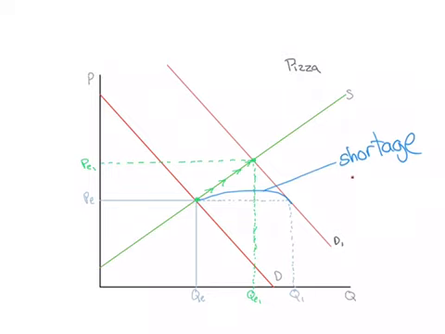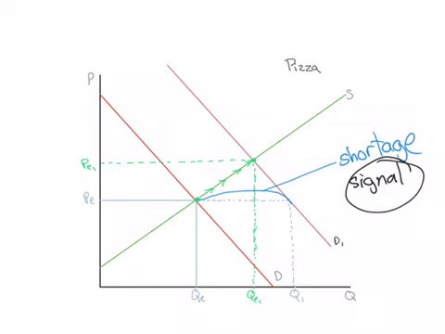The shortage is a signal, and it's important that you remember to think of it as a signal. The shortage is a signal to suppliers to increase output and increase price. In other words, move along the supply curve, change the quantity supplied, and now sell Q sub E sub 1 slices of pizza at P sub E sub 1.